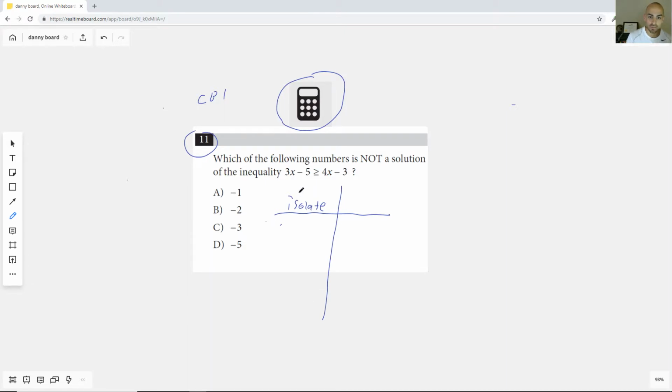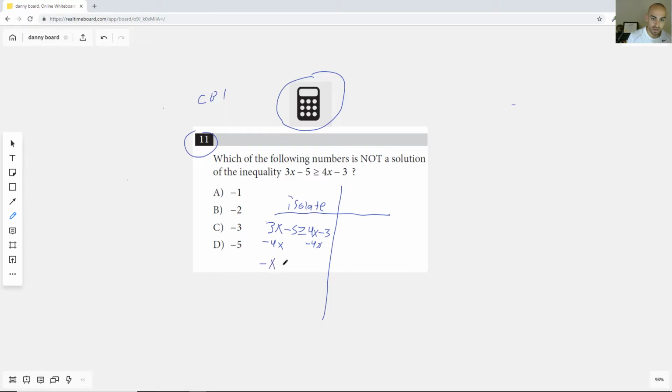So 3x minus 5 is greater than or equal to 4x minus 3. I'm going to subtract 4x from both sides here, just because I like my x's to be on the left-hand side whenever possible. It's just easier for me, but you could have also gone in the opposite direction.